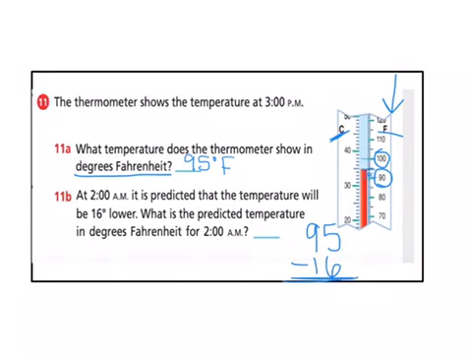So 5 minus 6, we can't do that, so we go next door, make the 9 into an 8, make the 5 into a 15. 15 minus 6 is 9, 8 minus 1 is 7. So the answer for B is 79 degrees Fahrenheit.